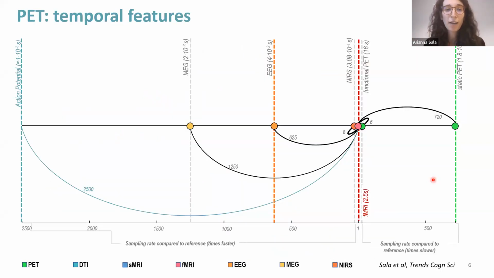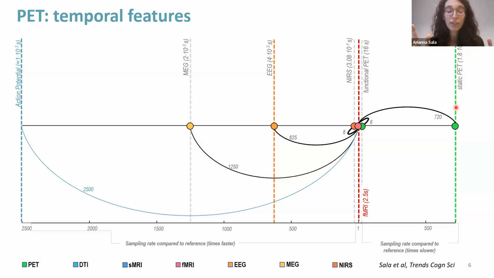It's a bit different, I think, from many other neuroimaging or electrophysiological techniques, because the temporal scale of PET is rather slow. When we do PET imaging, we typically acquire images for around 10 to 15 minutes, so 720 seconds.